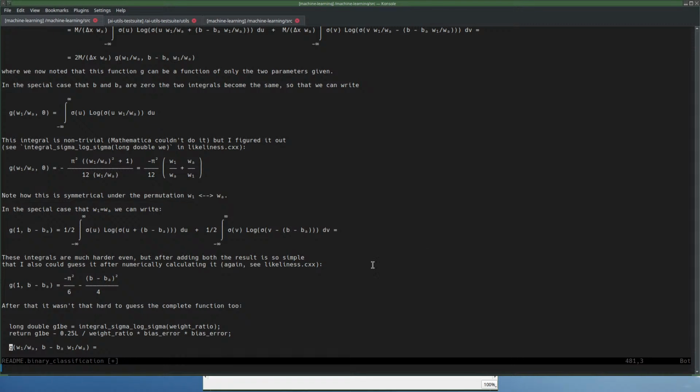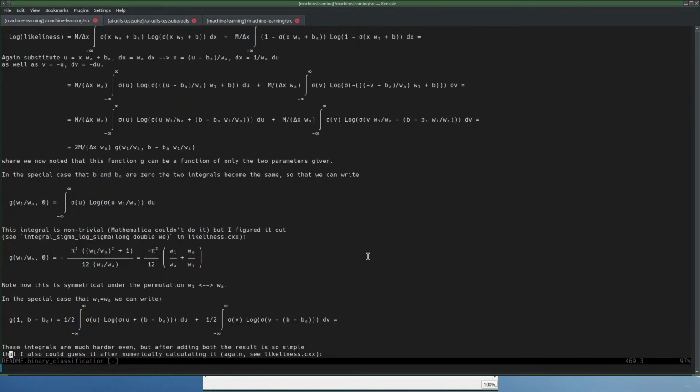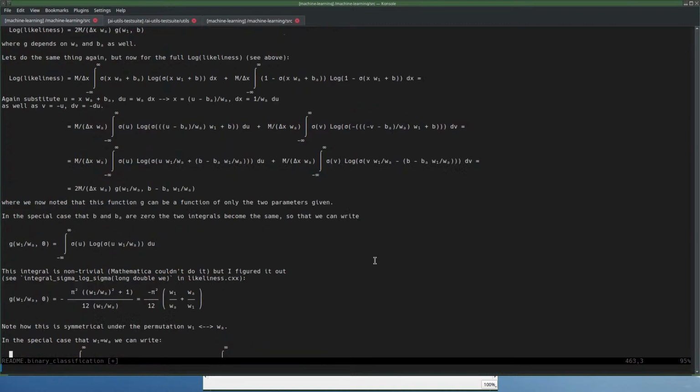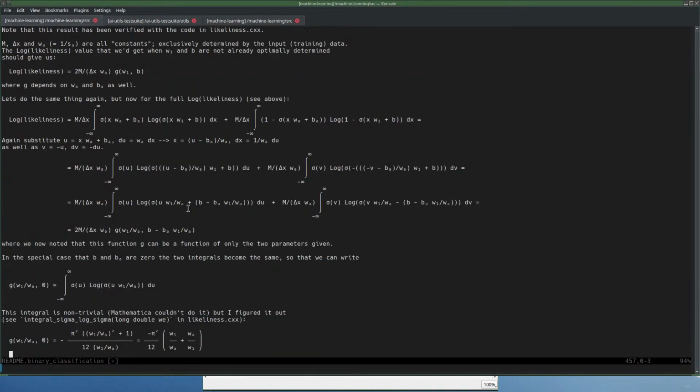Which means that it is equal to, I guess, this. So I'm calculating this integral and that integral separately.